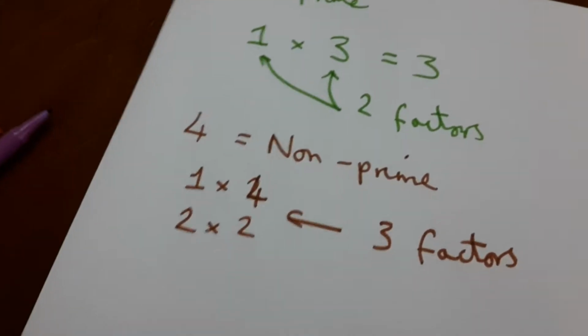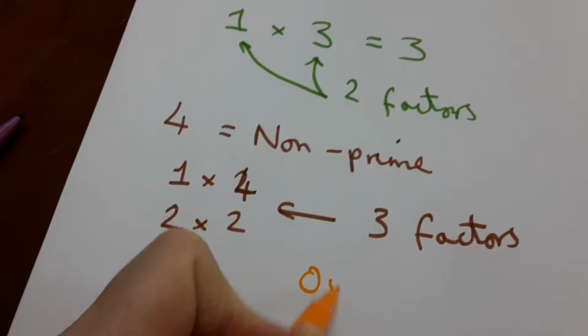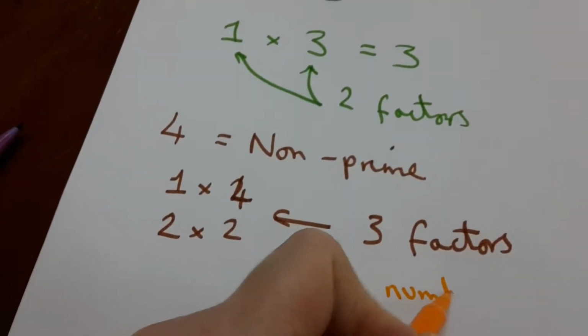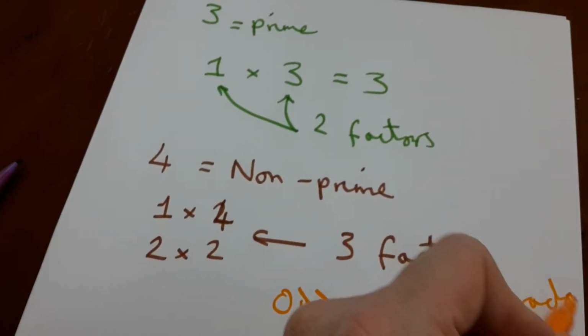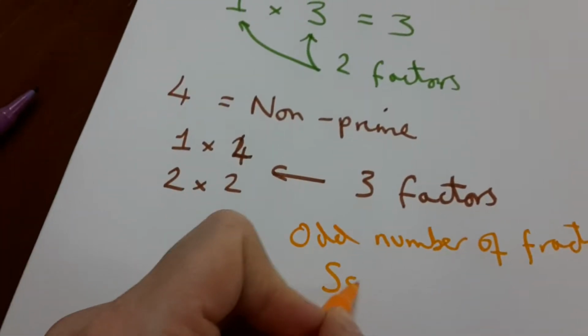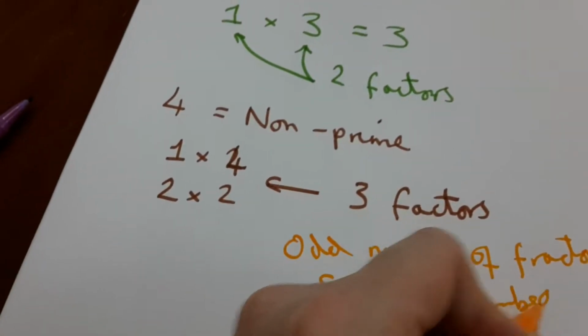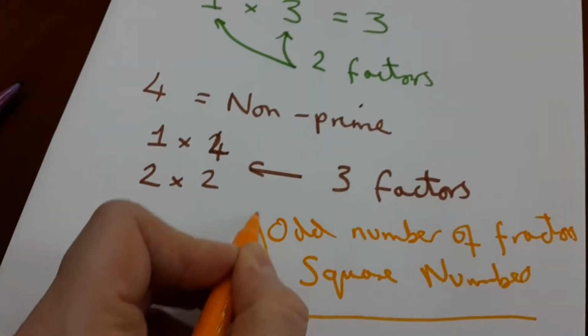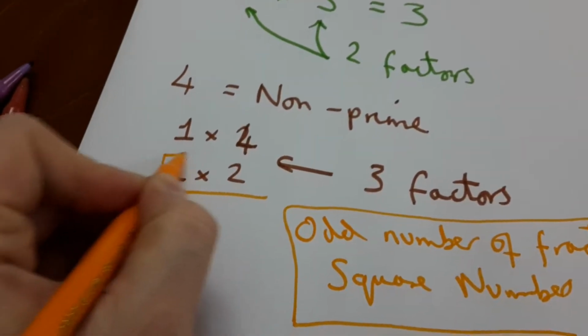Now, if an item has an odd number of factors, that's a really special kind of number, and that's called a square number, because essentially one of the factors is multiplied by itself to give you a square.